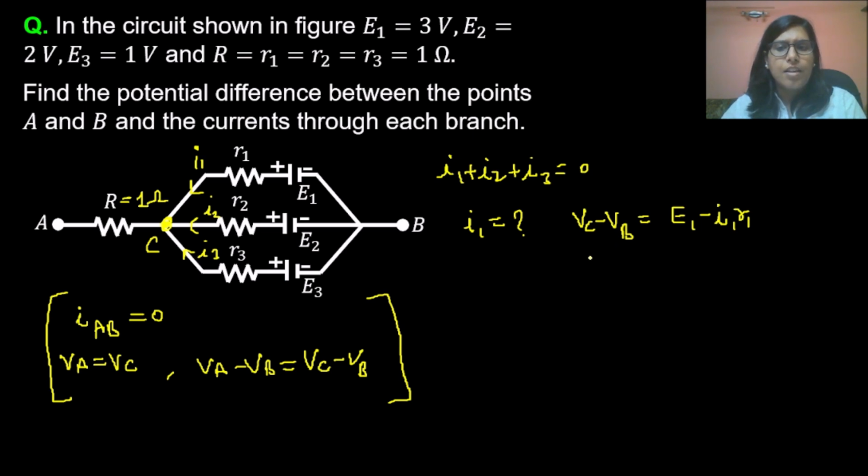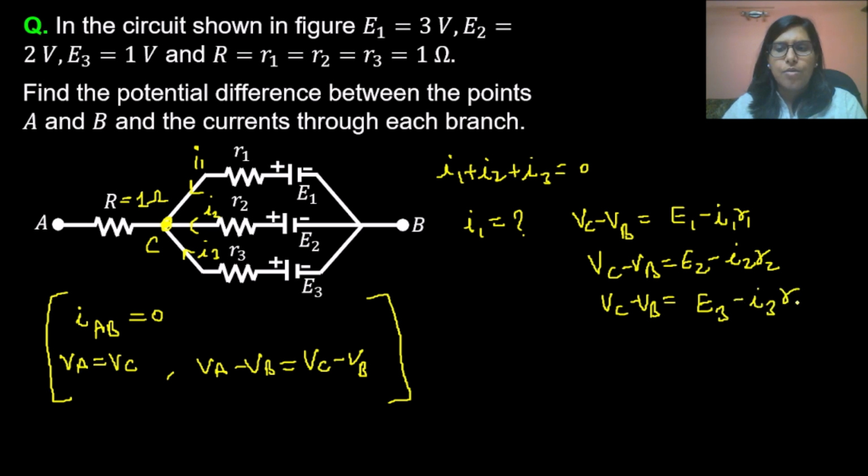Similarly, VC minus VB equals E2 minus I2 into R2, and VC minus VB equals E3 minus I3 into R3, right?